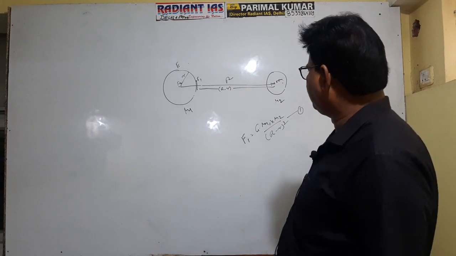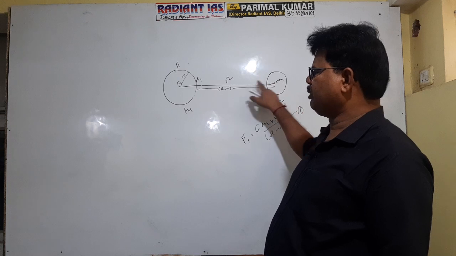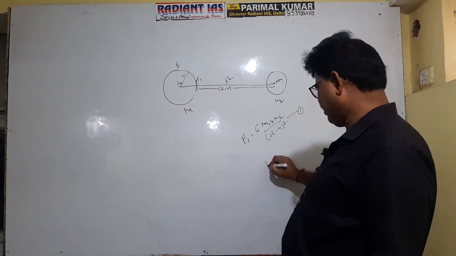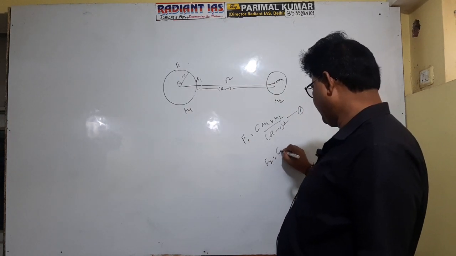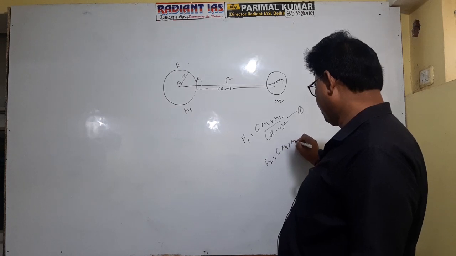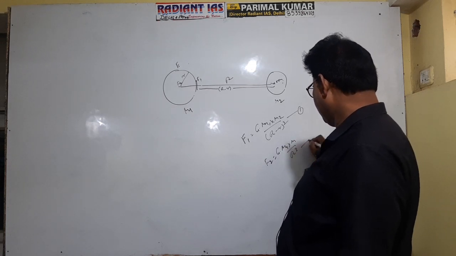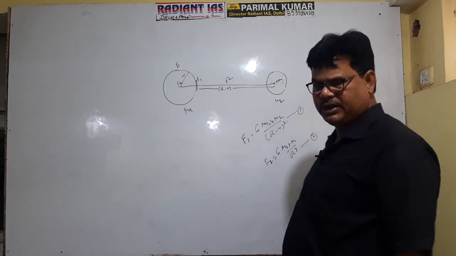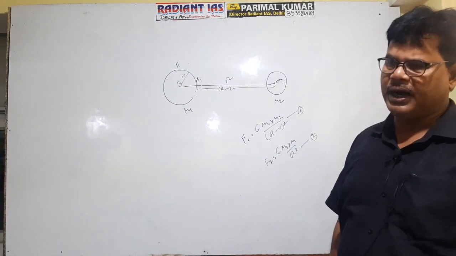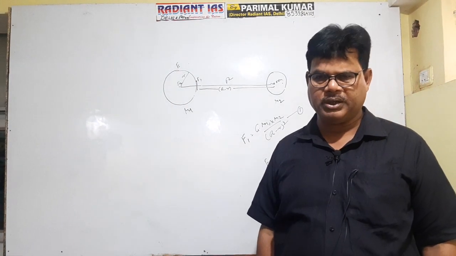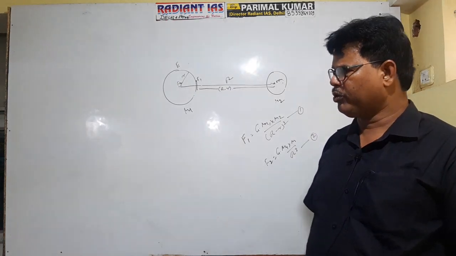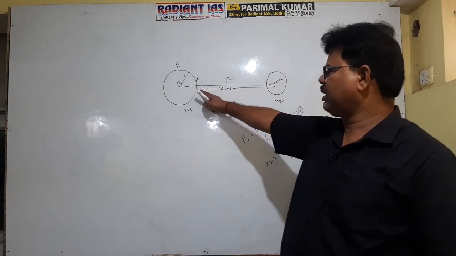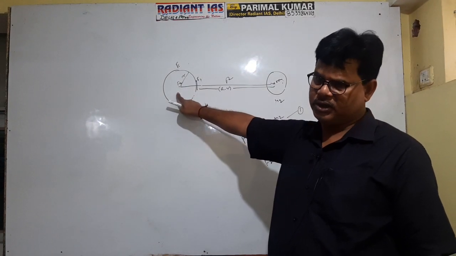The axial pull exerted by the moon at the center of the earth is F2, equal to G into m1 into m2 upon R squared. So the tide producing force is the difference between the force exerted by the moon on the surface of the earth and at the center of the earth.